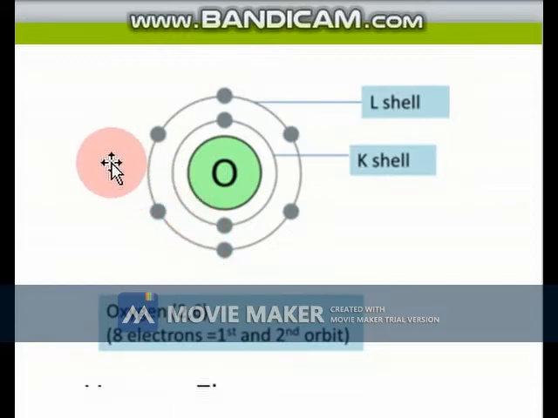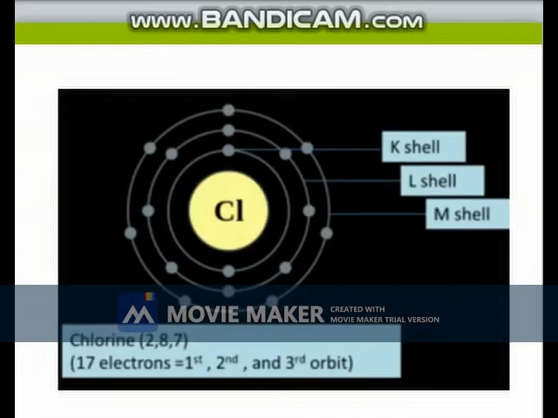So for oxygen, we have 8 electrons and it has 2 orbits. Let's go on.